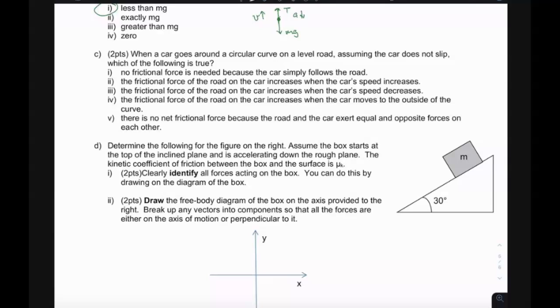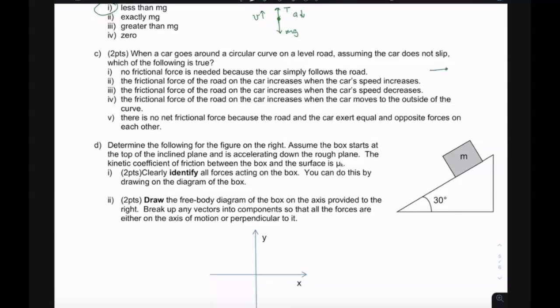Well, as we noted in the previous question, here's the car going into the page, and it has static friction acting on it, and it's equal to mv squared over r. If the speed increases, then the frictional force increases, as long as it doesn't slip. So the correct answer is choice 2.